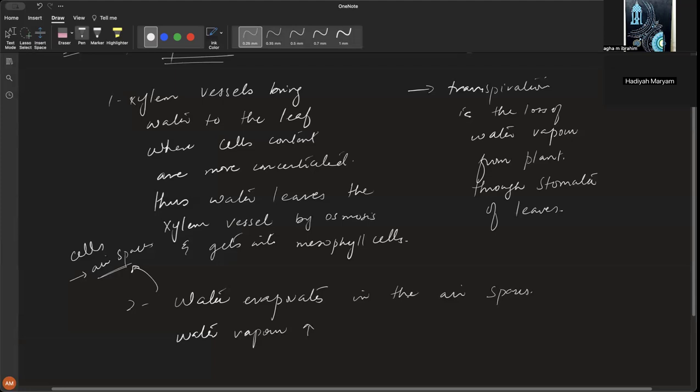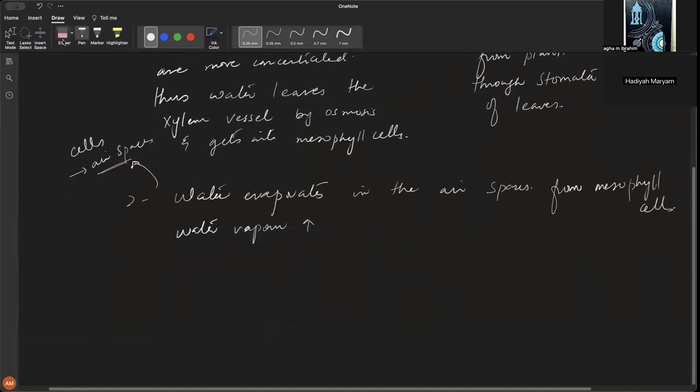So this leads to the water vapor increasing in the intercellular air space. You understand? So the water vapor evaporates into the air spaces from the mesophyll cells, right?